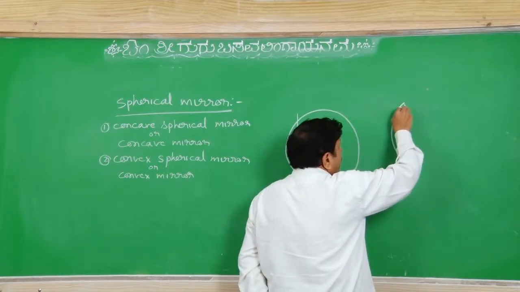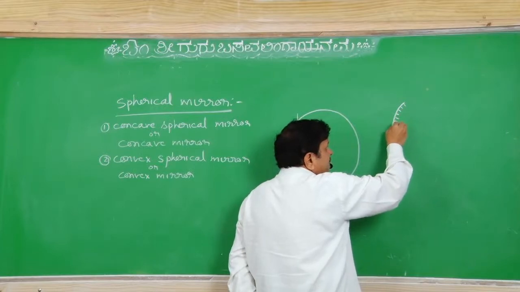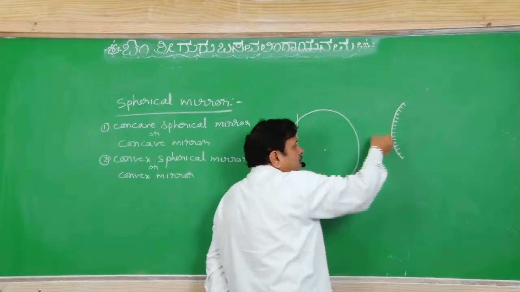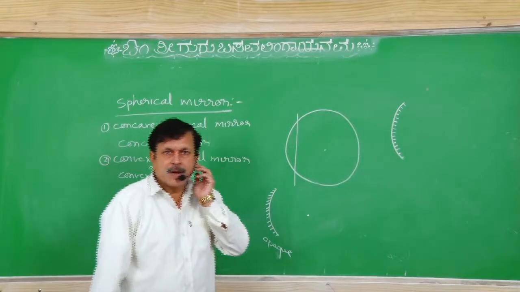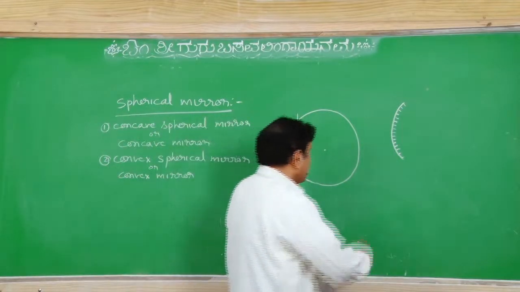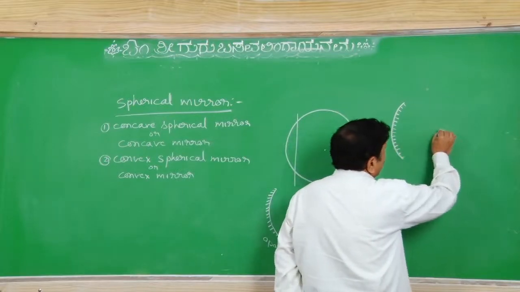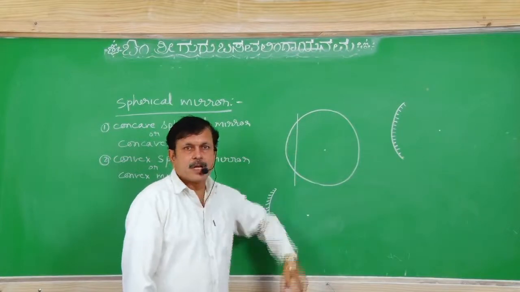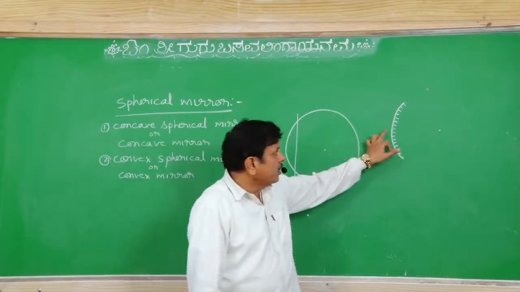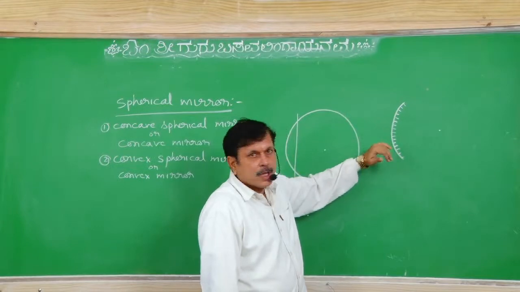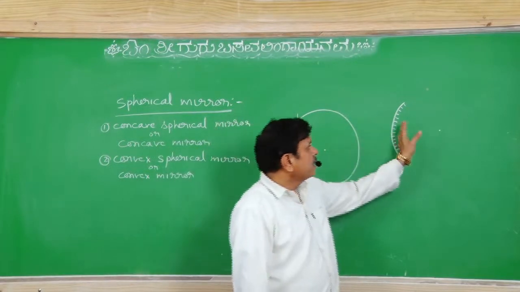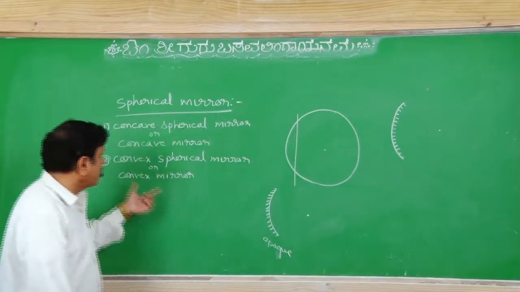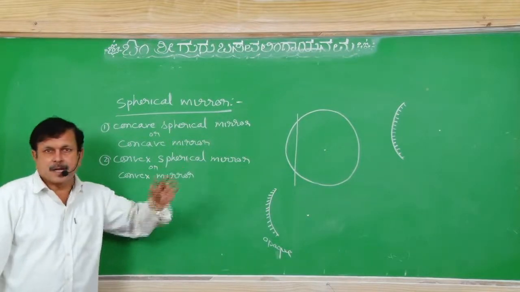But if the inner surface is made opaque, means silvered, and the outer surface is kept for reflection, then here will be the center of curvature of this sphere. Here the reflecting surface is on the outer side, away from the center of curvature of the sphere, and such a thing is called a convex spherical mirror.